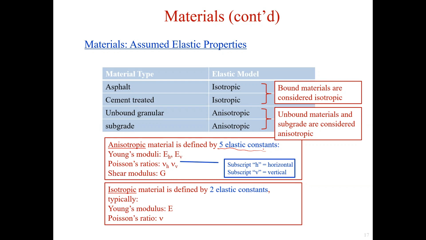This is because for isotropic materials, the properties in the X direction and Y direction are the same, and V direction are the same. So we only need to use one symbol to represent it. Why is there no shear modulus here? Because for isotropic material, the shear modulus could be expressed by the other two parameters. So G has a relationship with E and μ and could be expressed by them.